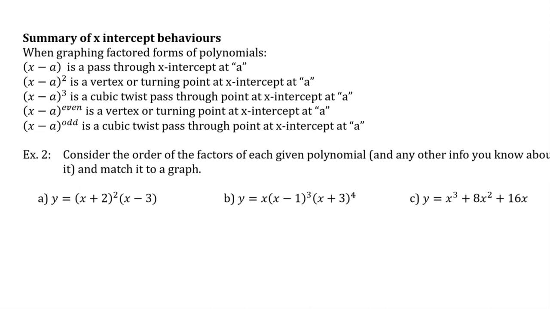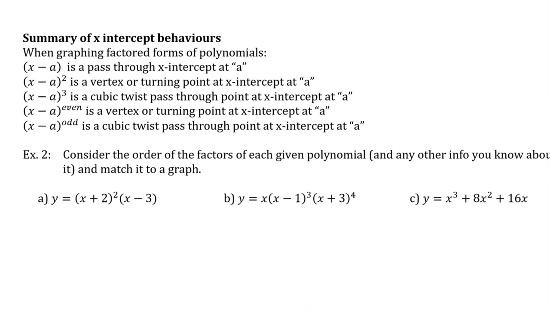No? Okay, on the back of this sheet, here's a quick summary. I've already kind of talked about all this, but I am going to talk about a couple of things. First of all, there's a word we use to talk about this behavior, and it's called the order of the x-intercept.